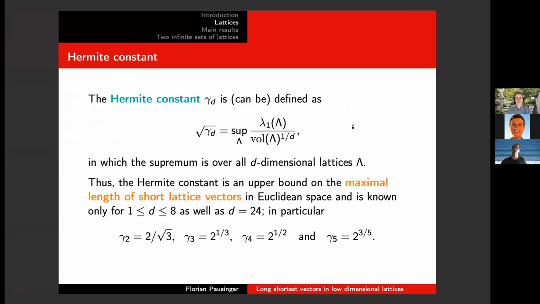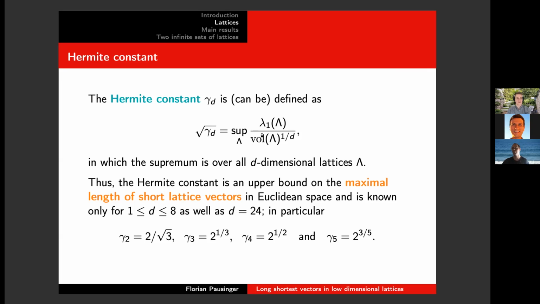And the final notion I want to introduce here is the so-called Hermite constant of a lattice. So this is usually denoted with a gamma and subscript d for the dimension of the lattice. And this Hermite constant is defined as the supremum over all lattices in a given dimension. And here you divide the length of the shortest vector by the dth root of the volume of this lattice.